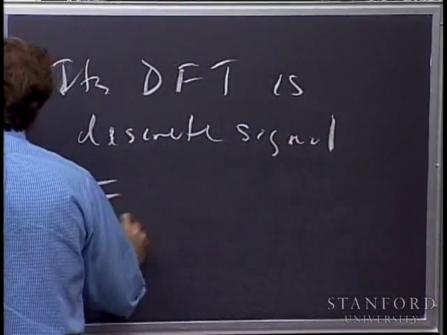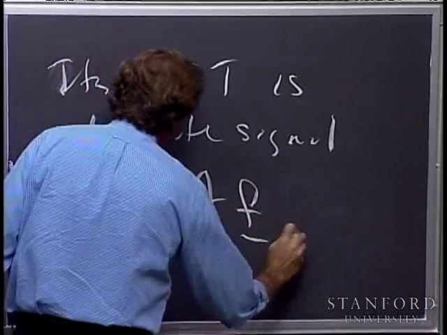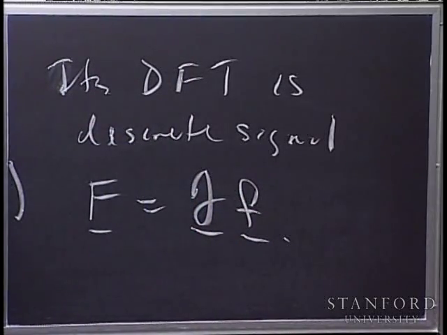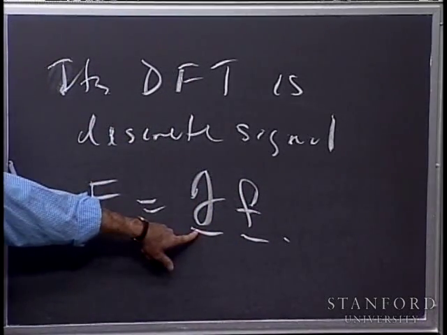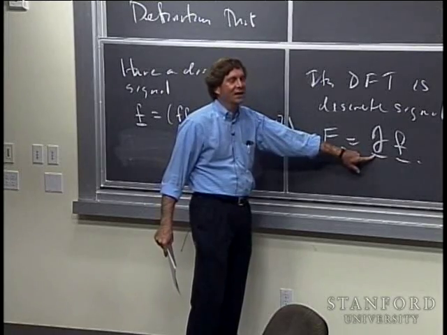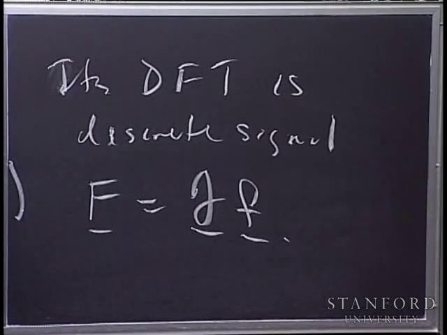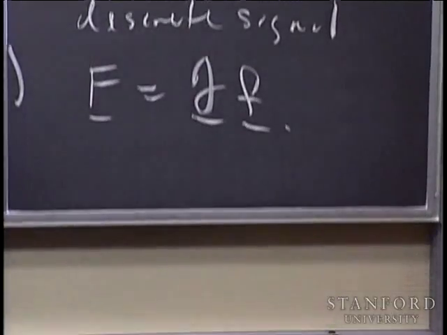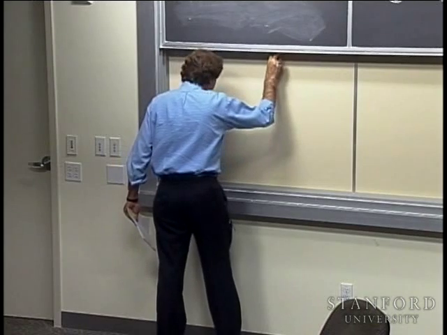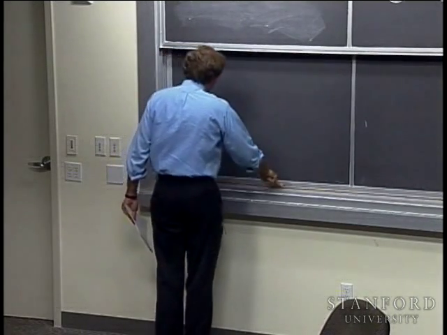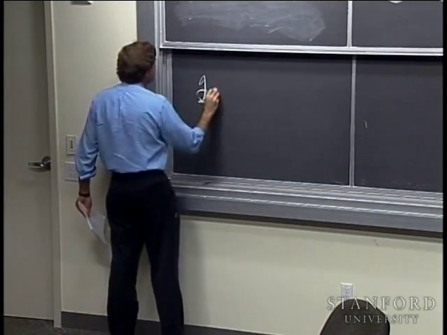I'll call it capital F, but I'll also use the notation, to make the connection with the continuous case, a script F with a little underline under it indicating that it's supposed to be a vector quantity, something a little bit different from the continuous case. And it's defined by its mth component.